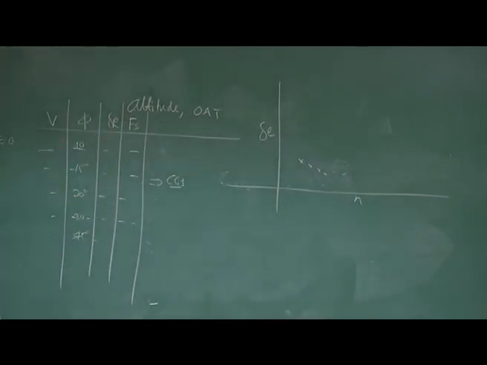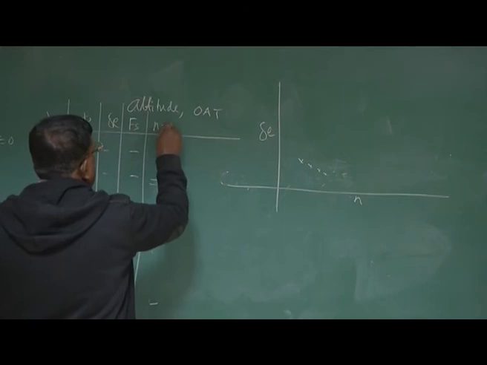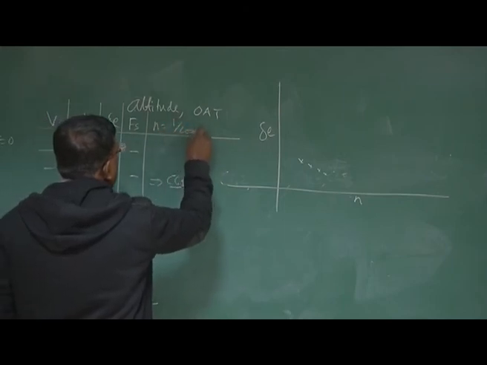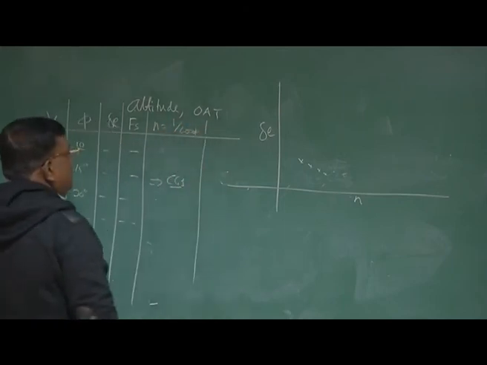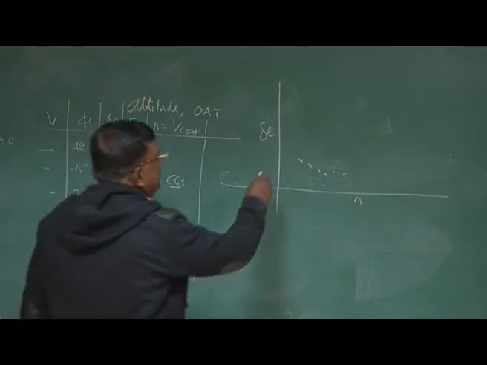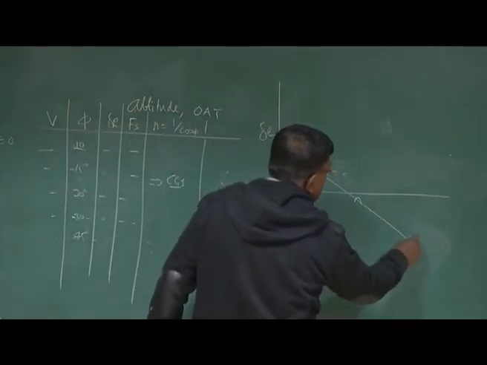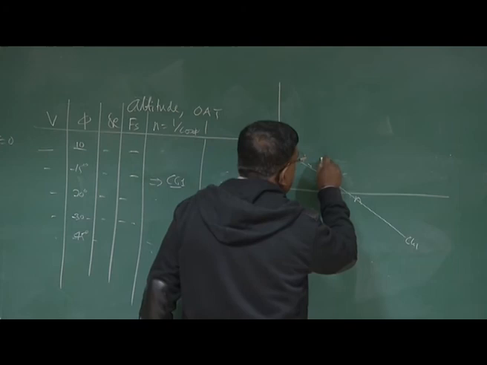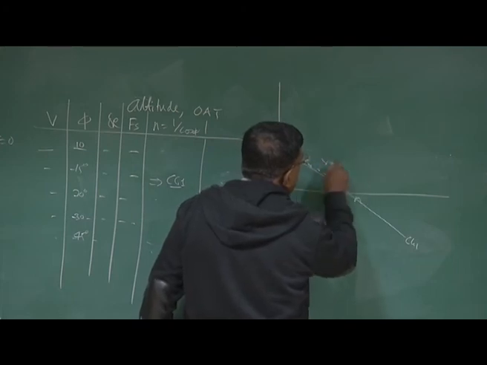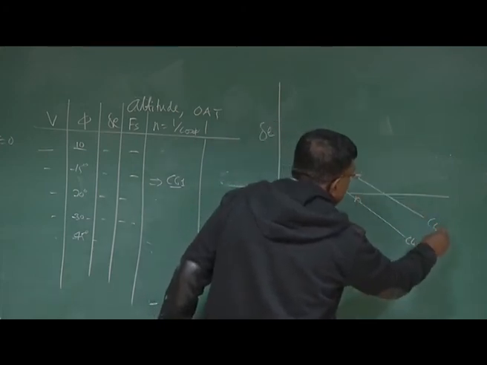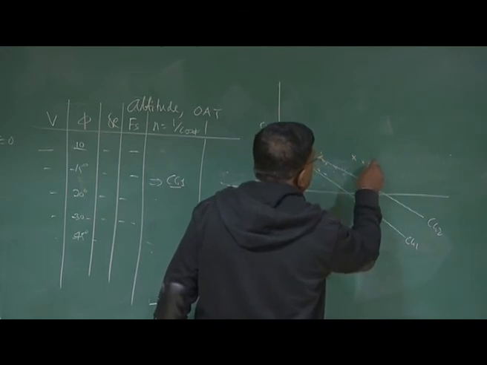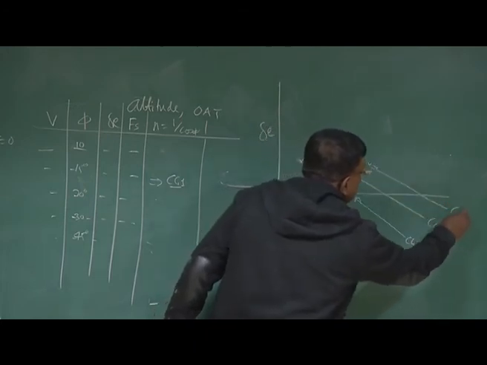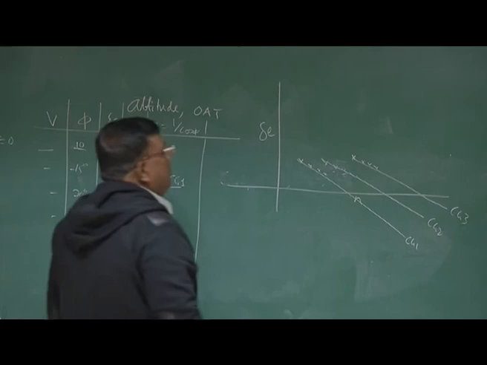For different n, I am computing using 1 by cos phi, right? So I generate this straight line. This is for CG1, another set for CG2, another set for CG3 up to CG5. That is what I am doing.